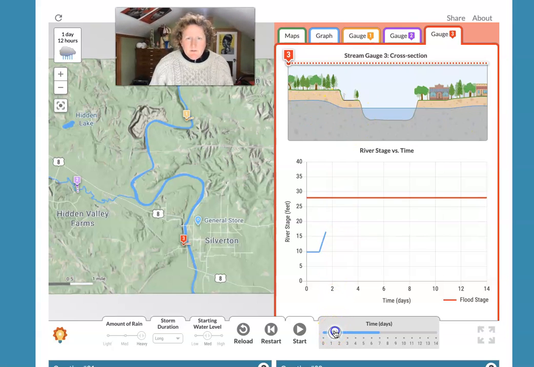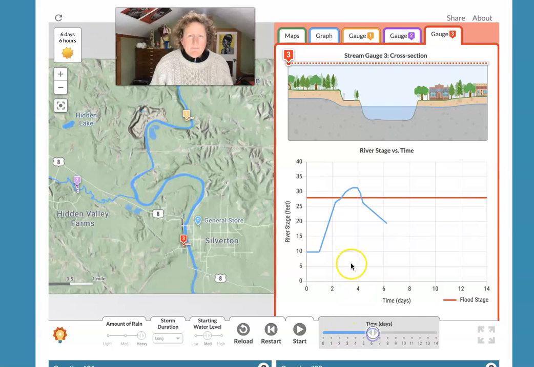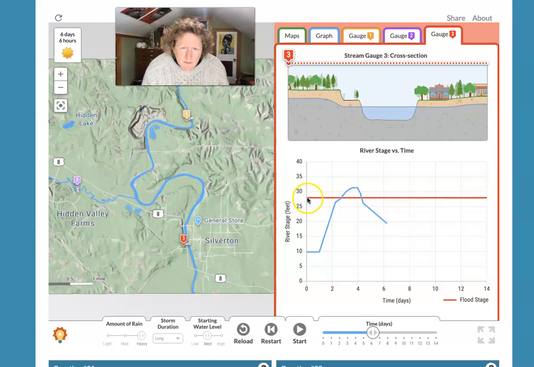As the storm continues, more and more rain gets absorbed by the soil, and eventually the soil can't hold anymore, and the river level fills up, and you've got a flood. And that's what happened here. It went over the banks, and we know it went over the banks because this level here, flood stage, I think it's about 28 feet, is where the river floods.